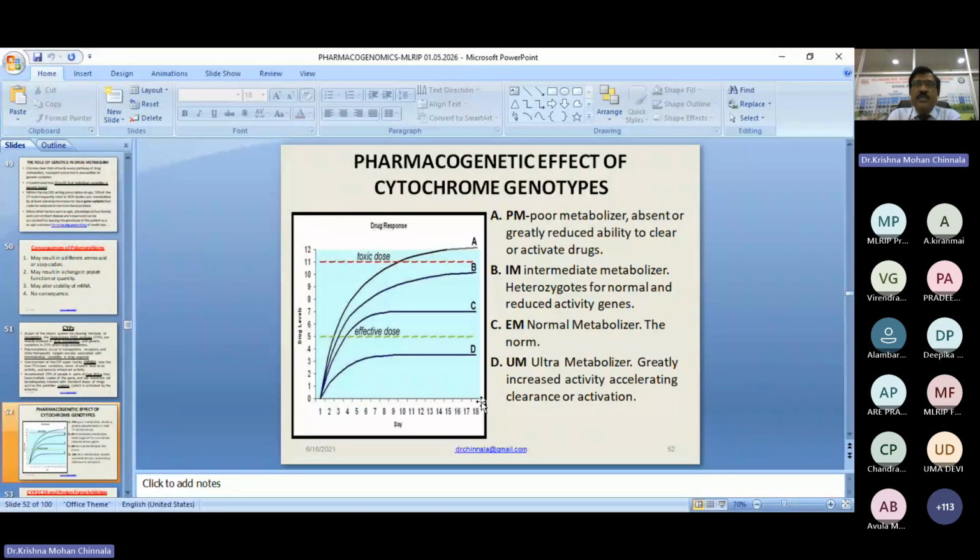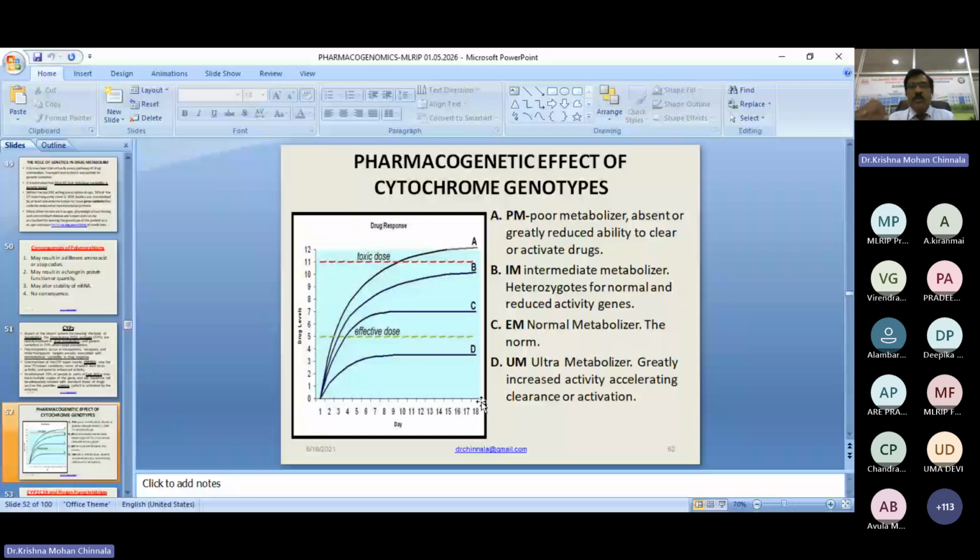Why I am giving this example is we are using the side effect of drowsiness for a positive purpose in treatment. In the same way, with metabolism, you should not blame the poor metabolizers and say that they are not at all useful. Not at all times.